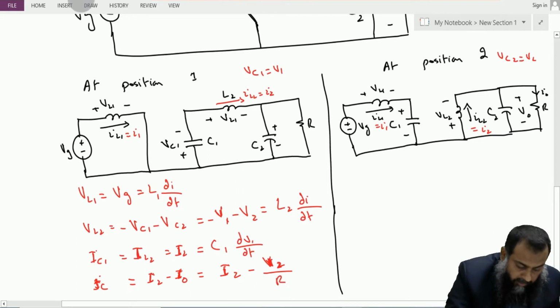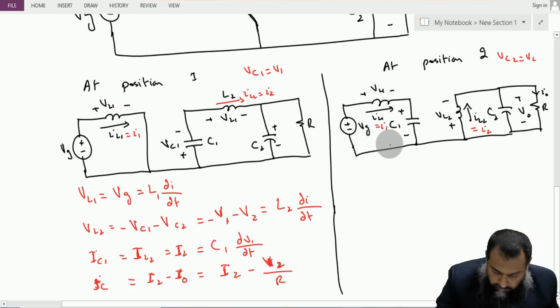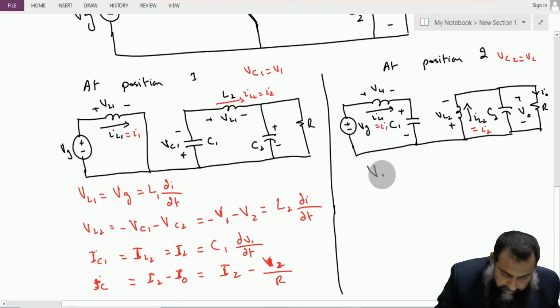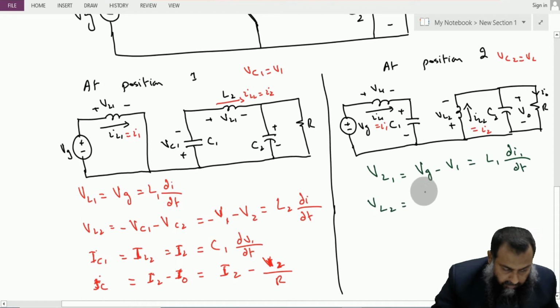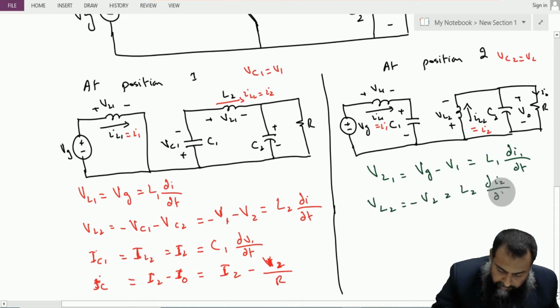Similarly, we will write down the equations for switch position number 2. So we have VL1 that is equal to Vg minus V1, and that is equal to L1 di1 over dt. Similarly, we have VL2 that is equal to minus V2, that is equal to L2 di2 over dt.